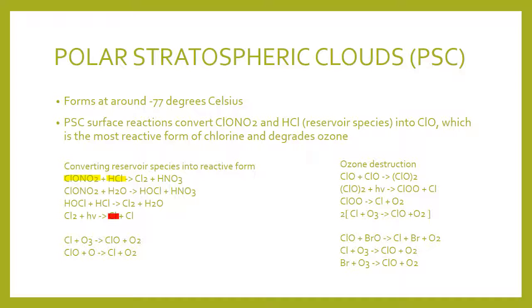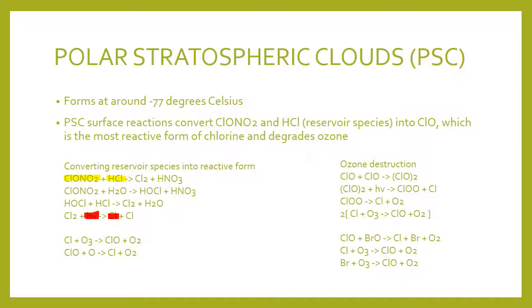And this conversion requires sunlight. So while polar stratospheric clouds can form in around August, which is when the temperatures in the Antarctic are at their lowest, we don't see the ozone hole becoming much larger until around September and October, which is when sunlight is present in the Antarctic.